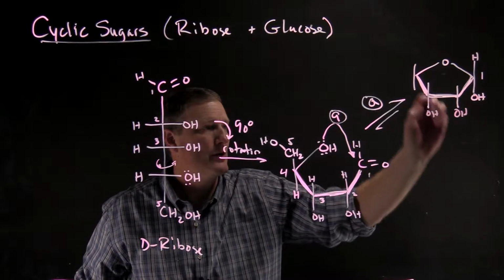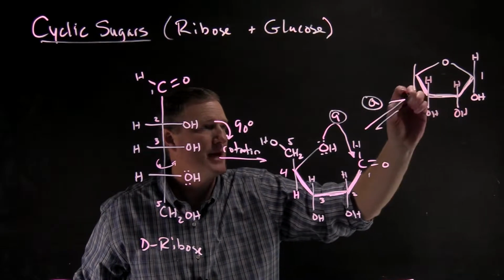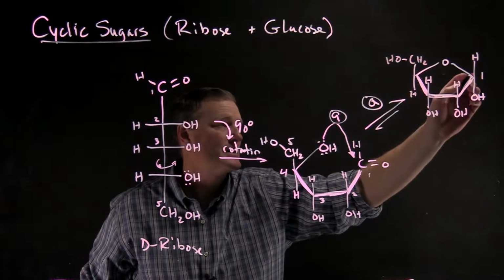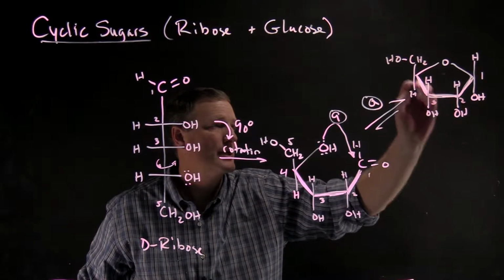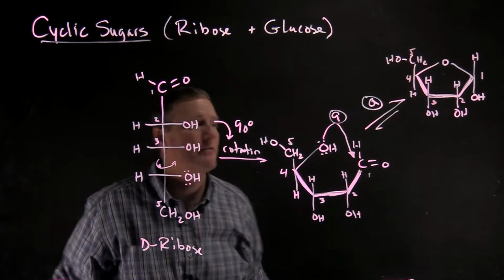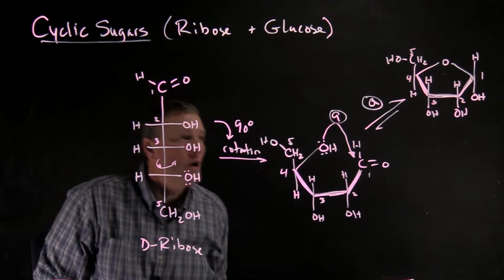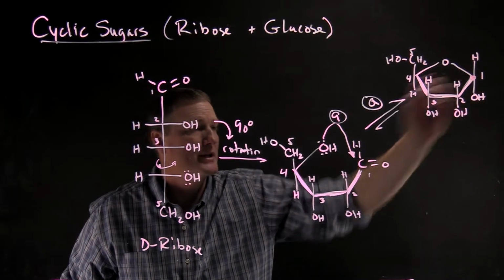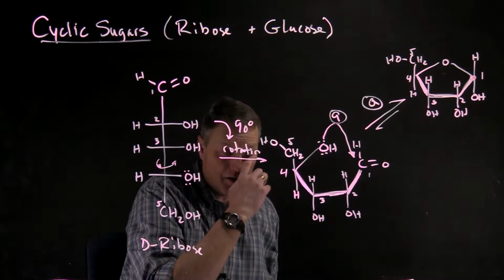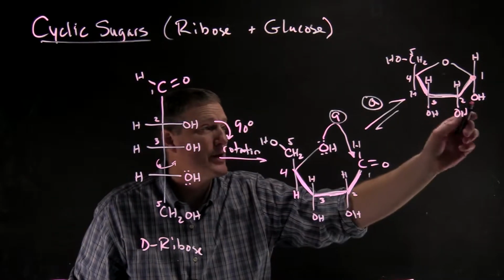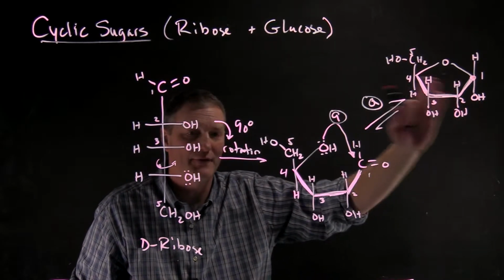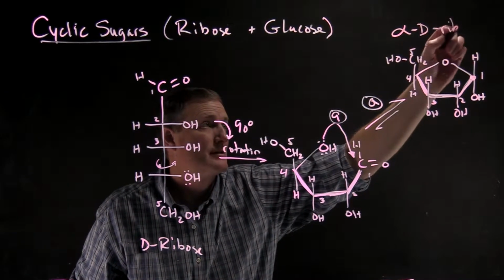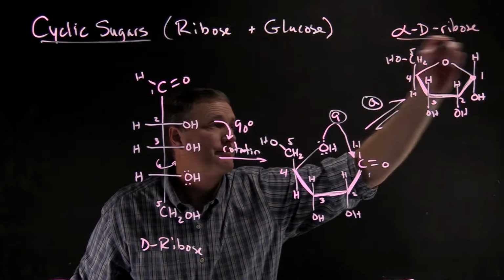So I can put OH and OH there, hydrogens up top, and CH2OH here. So then this is carbon 1, 2, 3, 4, and 5. When the OH group at the carbon that's now been attacked by the alcohol of carbon 4 is sitting below the plane defined by the ring, this is called alpha-D-ribose.